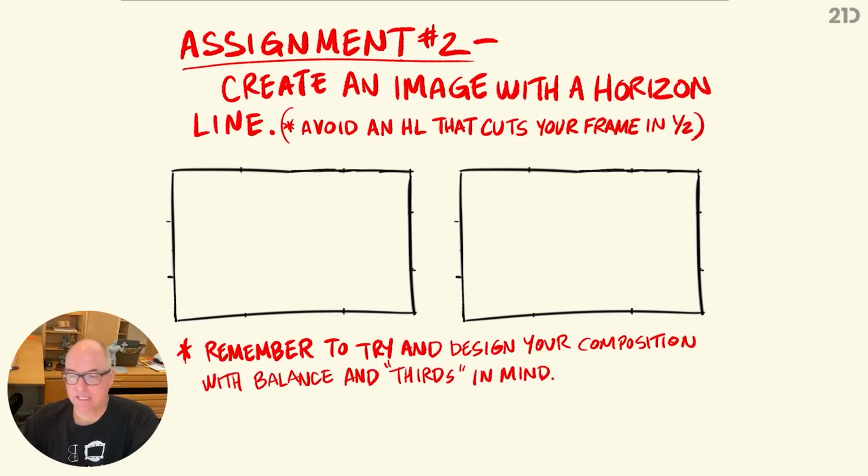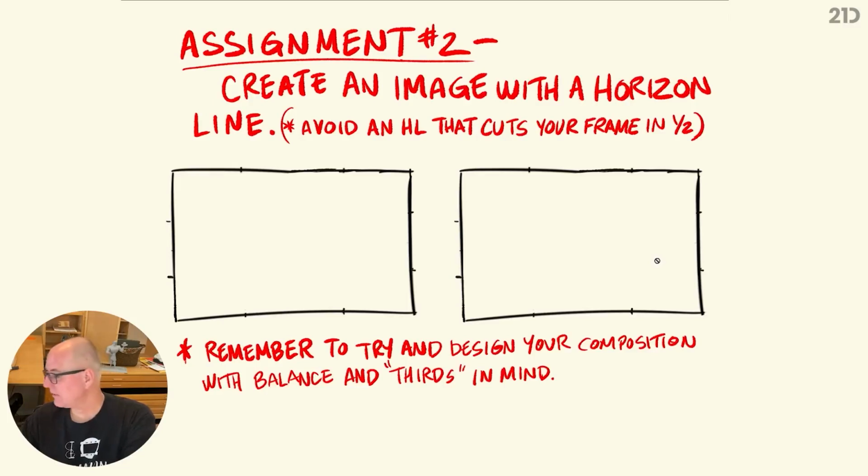Create a quick little sketch that has a horizon line. I've notched in where the thirds are, so you can suggest it within that if you want to help bring in the thirds concept to make sure that there's balance, but also not evenly balanced, and create a design composition.